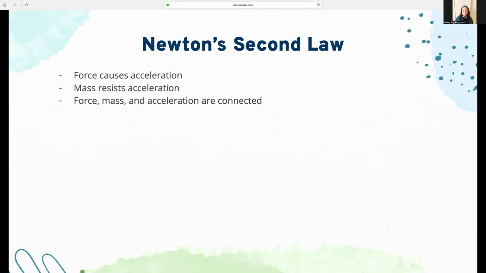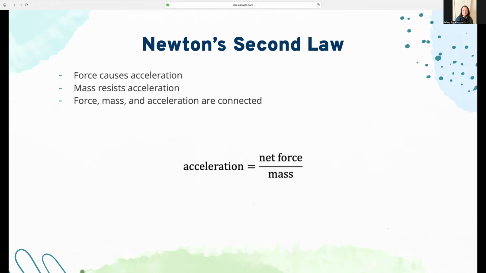Back to Newton's second law: forces cause acceleration, mass resists acceleration. That tells me that force, mass, and acceleration are all connected. And this is how they're connected. Acceleration is equal to the net force, remember, the sum of forces or total force on the object, divided by its mass.